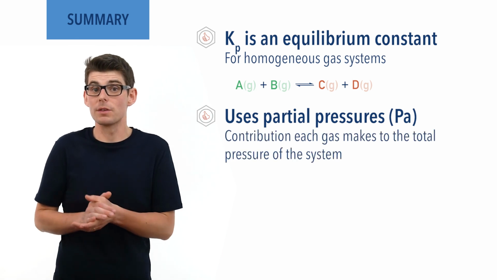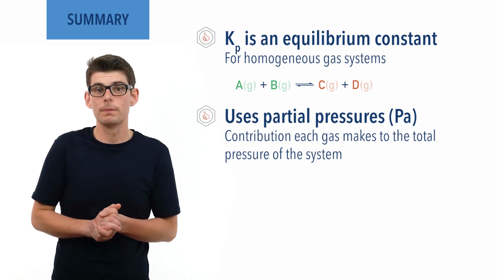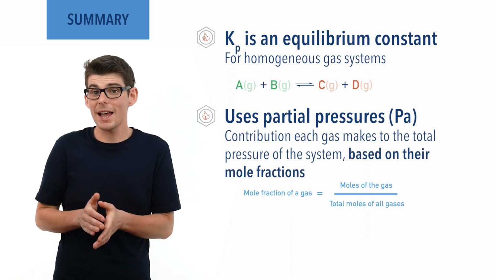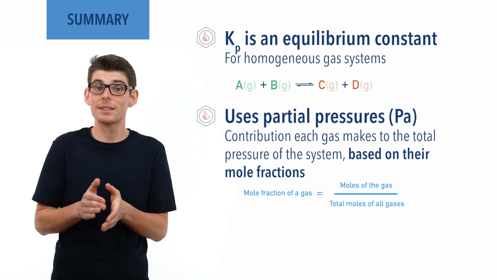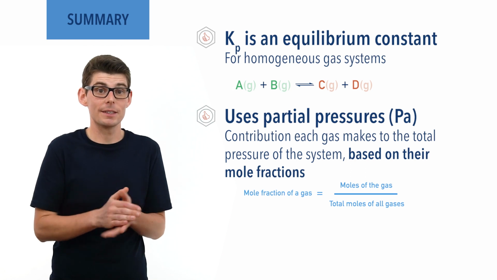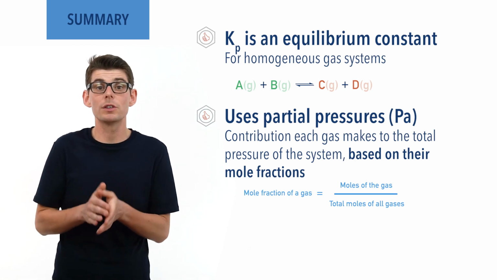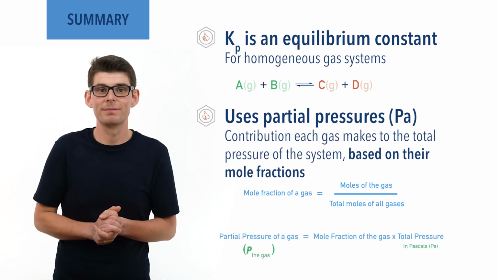The partial pressures of gases in a mixture are based on the number of moles of each. The mole fraction of a gas is the number of moles of it in a system compared to the total number of all moles of gas in the system. Partial pressure of a gas equals its mole fraction times by total pressure.